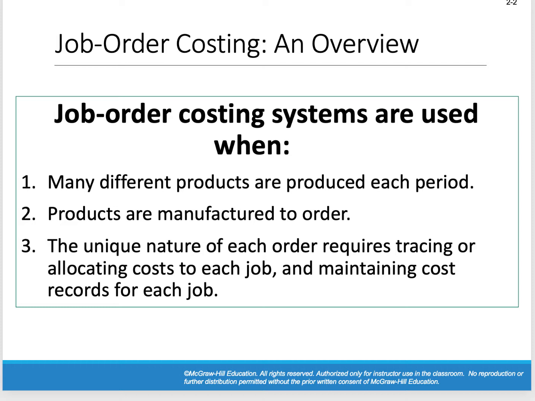right? So because we have these three different jobs, each of these jobs are different products. Yes, they're homes, but they're designed to order, right? To the customer specifications. So what we need to do as managers of this construction company is recognize that, okay, we have three different jobs going on simultaneously at the same time.